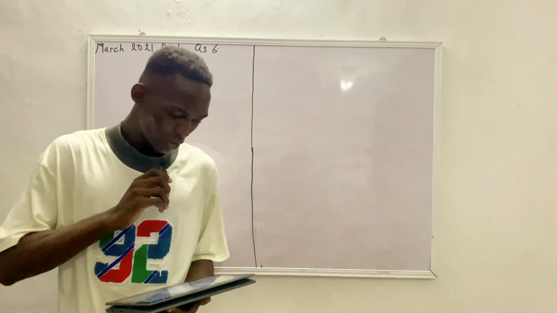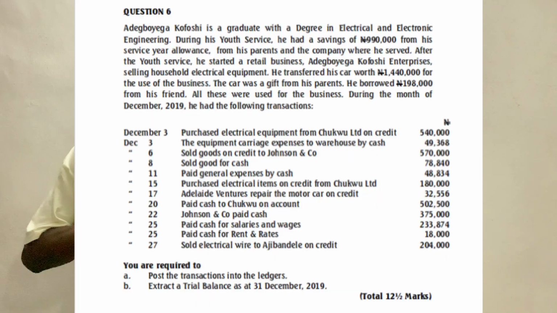Now, the question goes thus: Adegboyega Kofoshi is a graduate with a degree in electrical and electronic engineering. During his youth service, he had savings of 999,000 naira from his service year allowance, from his parents, and the company where he served.